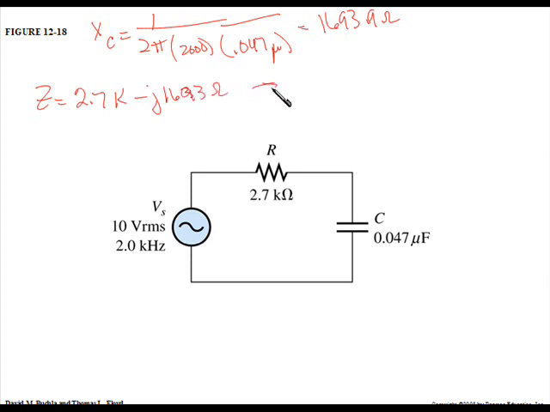Converting that to polar form, 2.7K squared and 1693.9 squared.